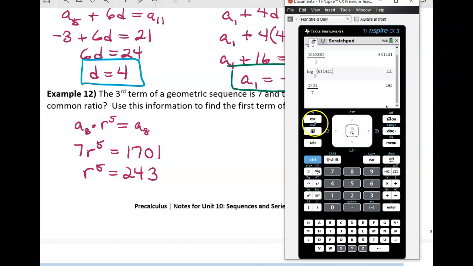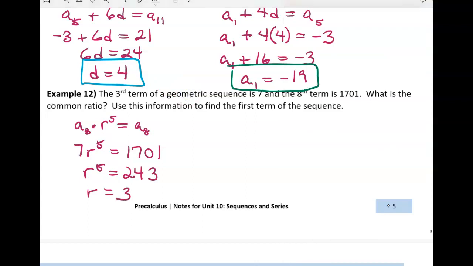You can use the nth root button on your calculator, which is Control and the caret key. So then you'd have to fill in the fifth root here and fill in 243. You can do it that way. Or you can also raise 243 to the 1/5 power. Either way is going to give us a value of 3. So we've got the common ratio. That's one thing that we were asked for.